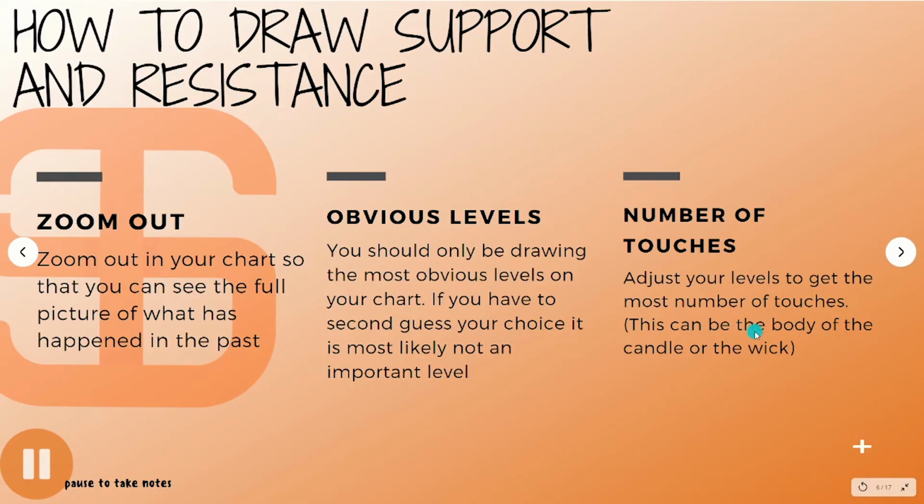Now, how to draw support and resistance. Again, we'll have a full video on this, but I want to get this ingrained in your head. So when I'm on my TradingView chart, like we've learned about TradingView, I zoom out on my chart and I go from a top-down analysis, meaning I go from the weekly chart all the way down to the 15-minute chart, looking for potential areas of support and resistance that matter to me in a time that's close, not anything that's crazy far away.